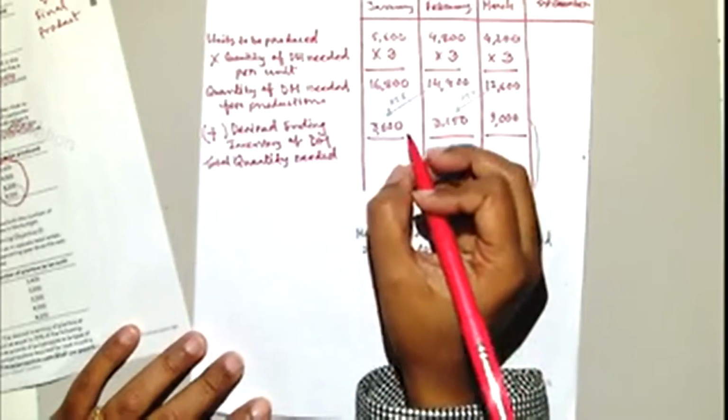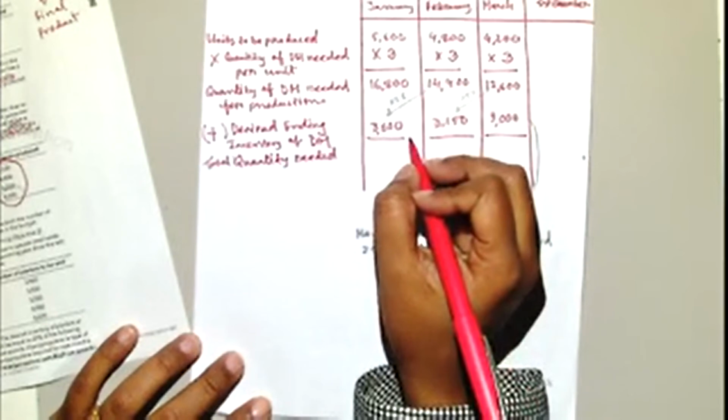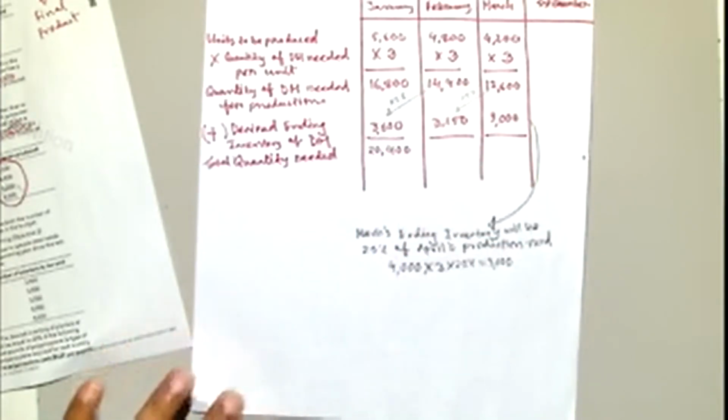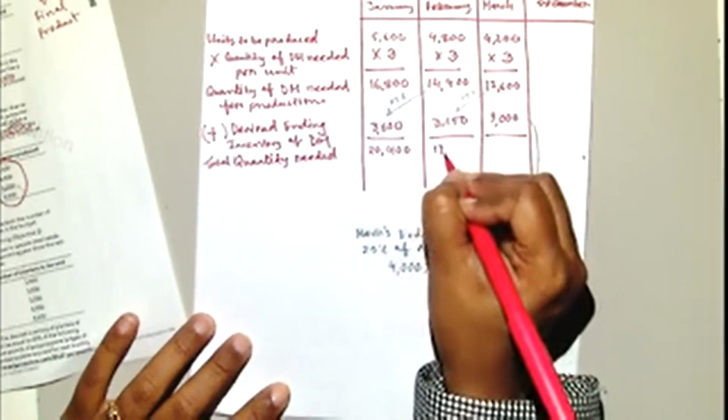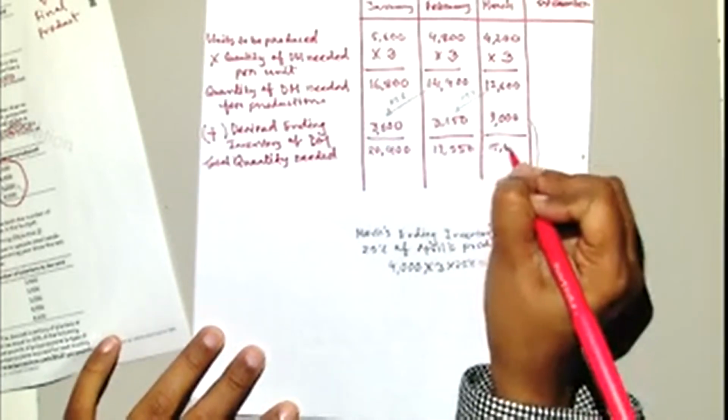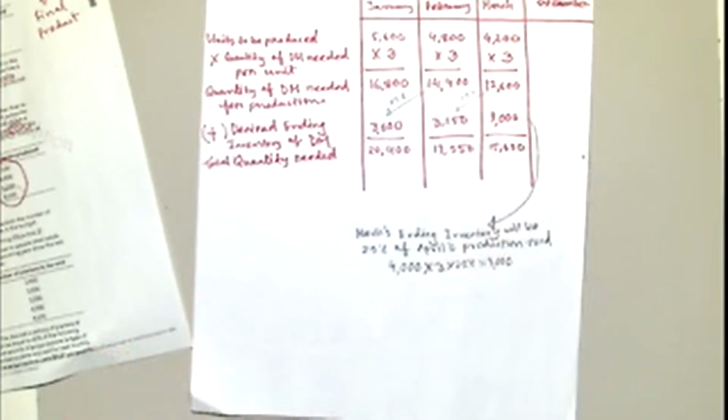You got total needed 20,400. Is that what you told me? How about February's total? You got 17,550. March, who is next? So it's 15,600. Good. So that's your total need.